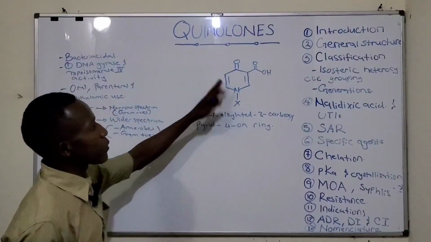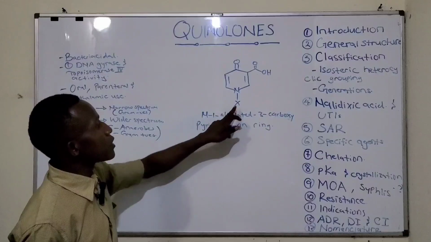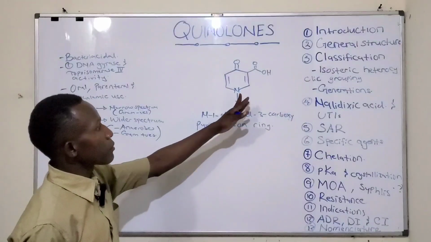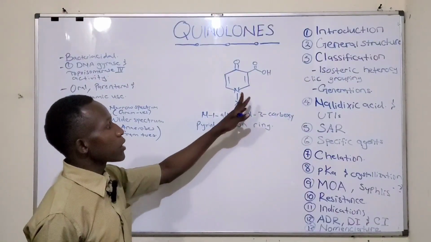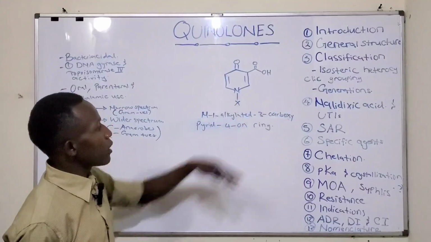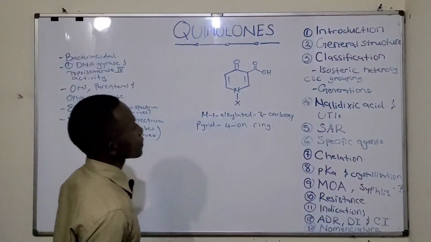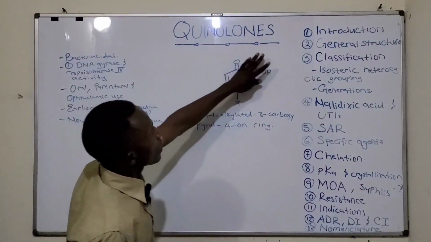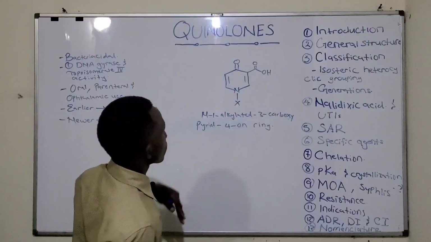They all have this ring where the X represents the alkyl group. It can be the ethyl group, can be the cyclopropane or other alkyl groups. So they all have this ring.